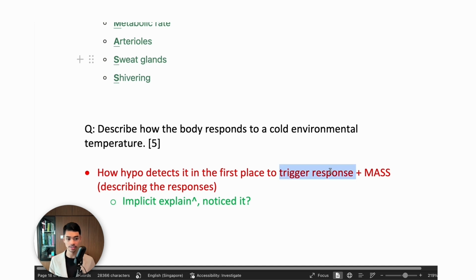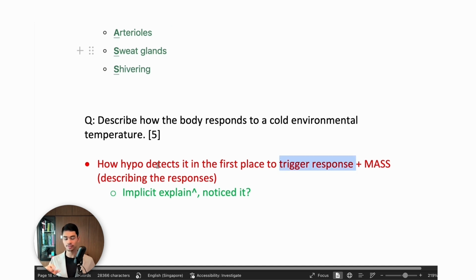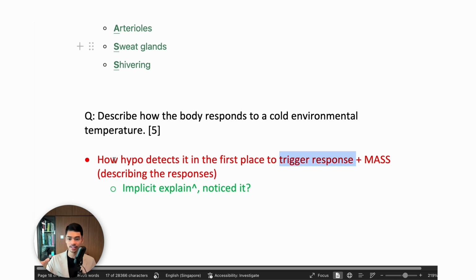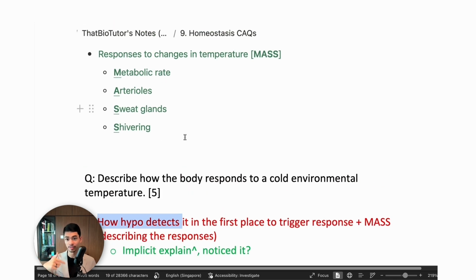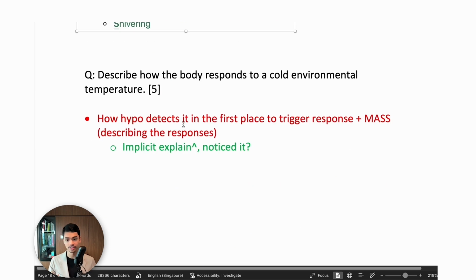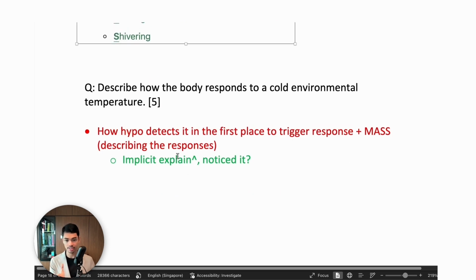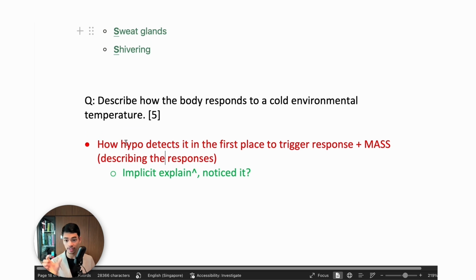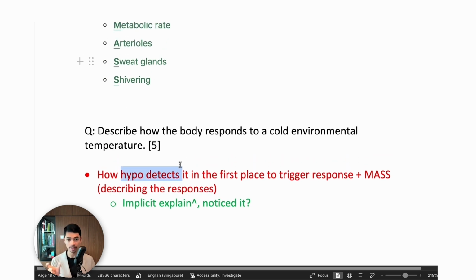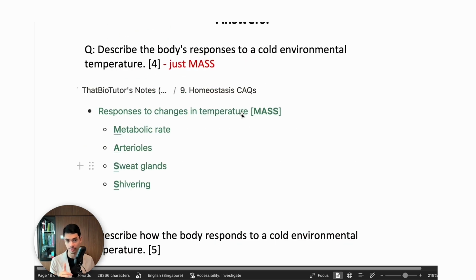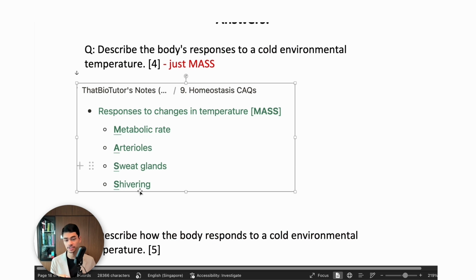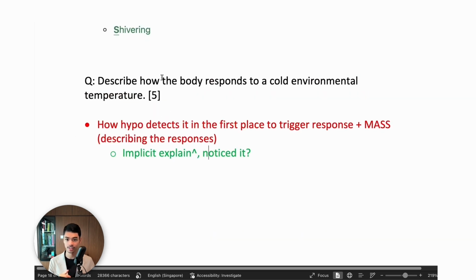And that is what triggers the responses. Okay, so I have to have that line about the hypothalamus first, detecting it. That is basically giving a bio reason for why the responses occur. So do you notice it's an explain? Explain is all about giving a reason, bio reasons for why something happens, right? So I first give a bio reason and then I describe the responses, the MASS responses. Okay, so it's an implicit explain because it's a describe how question.